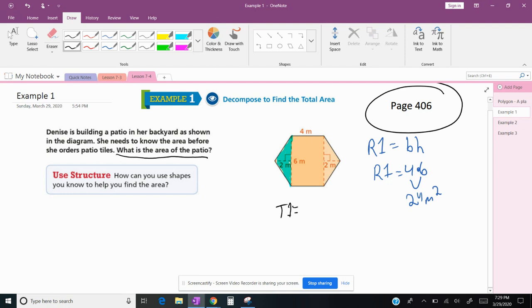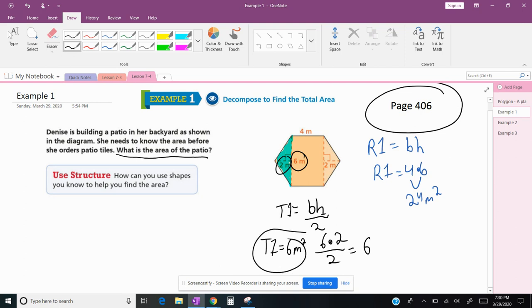The formula is base times height divided by 2, my favorite, or 1/2 times base times height. So if I look at this, I see the base is 6, the height is 2. So I'm going to do 6 times 2 divided by 2. That's going to give me 12 divided by 2, which just equals 6. So triangle 1 equals 6 meters squared.